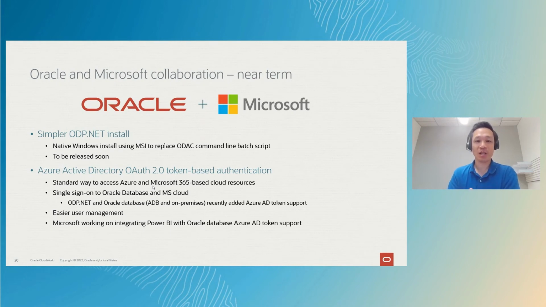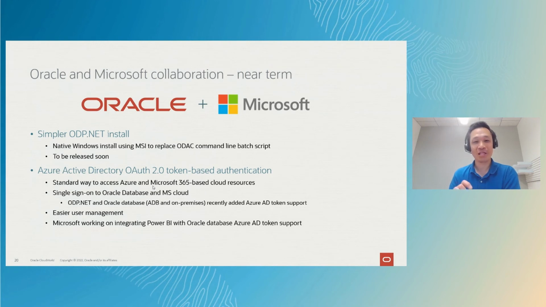But it's going to take a few steps. We're going to offer some solutions in the interim before we get to the ultimate solution, which is no installation of any specific bits at all from ODP.NET. So the first thing we're going to do is make ODP.NET a simpler install.